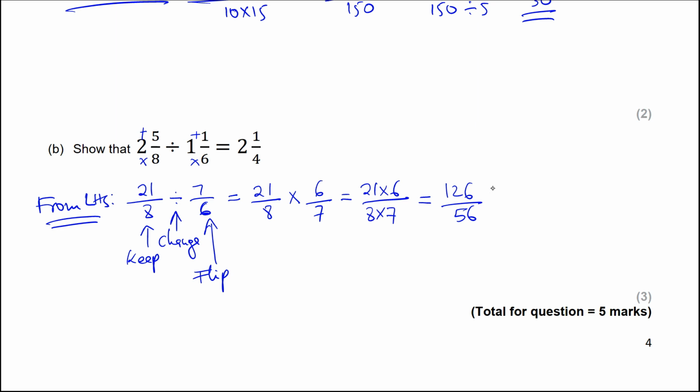Now each of these numbers is a multiple of 2 and also multiple of 7, so we can divide by 14, and you'll end up with 9 over 4 as required. Now 9 over 4 is same as 2 and a quarter, and that is basically what's required. You're required to show that, using the correct process, the left hand side is equal to the right hand side.